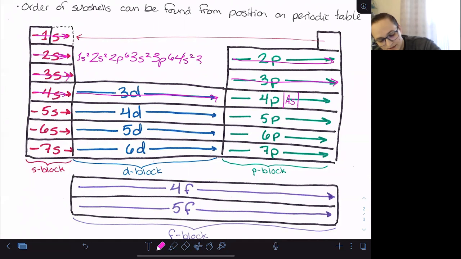The 3d, which can hold 10. And then the 4p, we just need to count how many spaces over we are. We've got 1, 2, 3, 4. So since arsenic is the 4th spot in the 4p row, that means the 4p subshell is going to contain 4 electrons. So we can use the periodic table in this way to write electron configurations pretty simply, as long as we remember which portions represent which subshells.